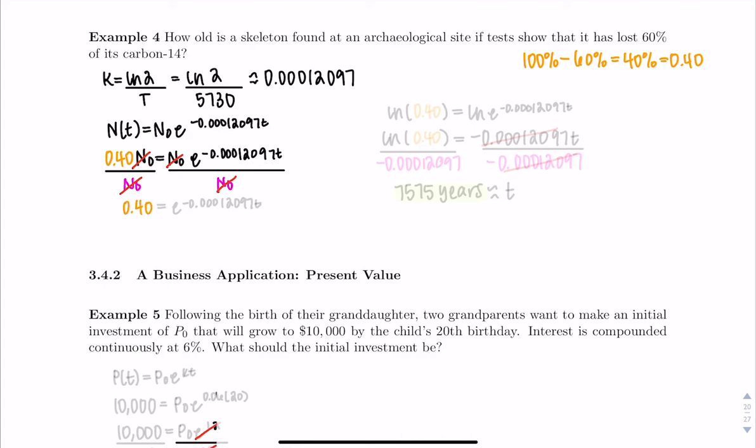We have 0.4 equals e to the negative 0.0001297t. And then we want to go ahead and take the ln of both sides so we can get the t out of the exponent.